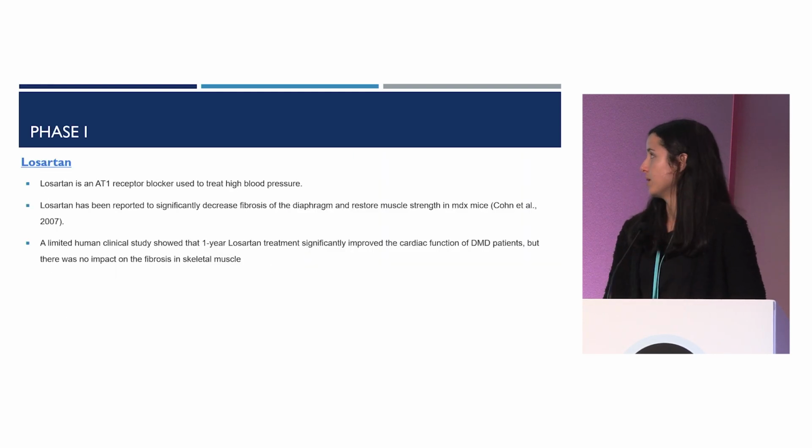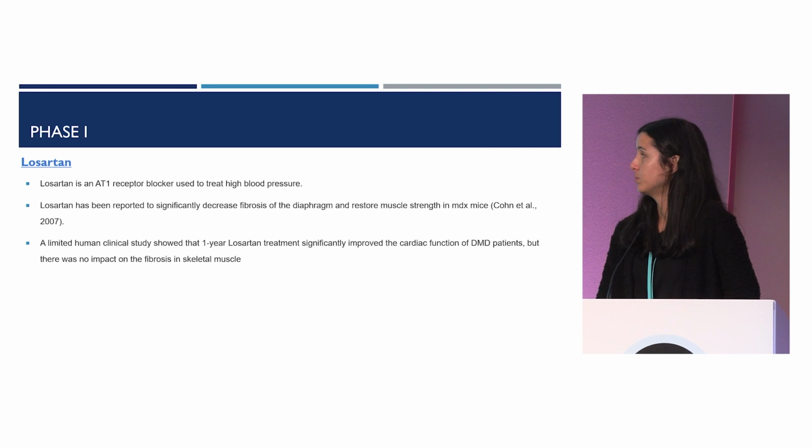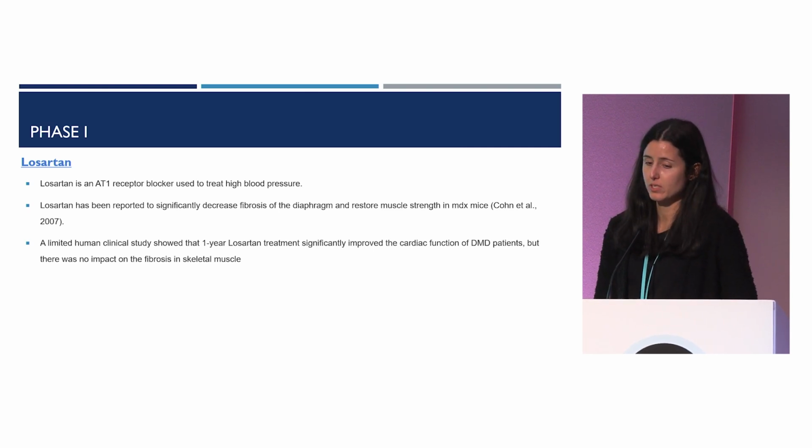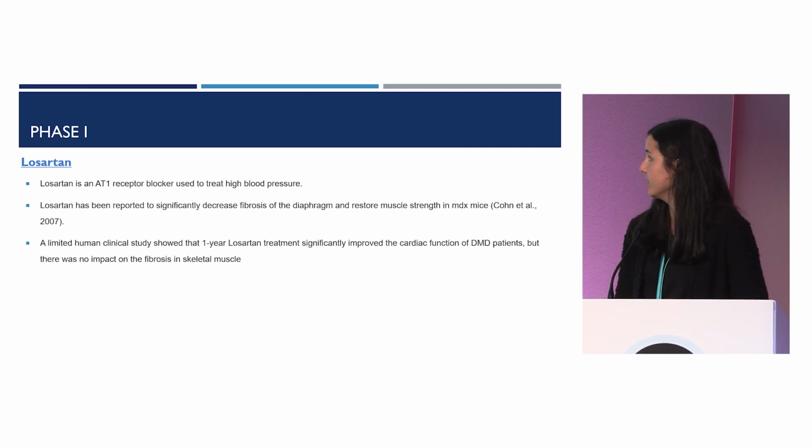Some examples of treatments that have been developed as antifibrotics in Duchenne. One of them is losartan. This is a drug that was used to treat high blood pressure, but when mouse models were treated with losartan, it decreased the fibrotic area in the diaphragm and restored the muscle strength.